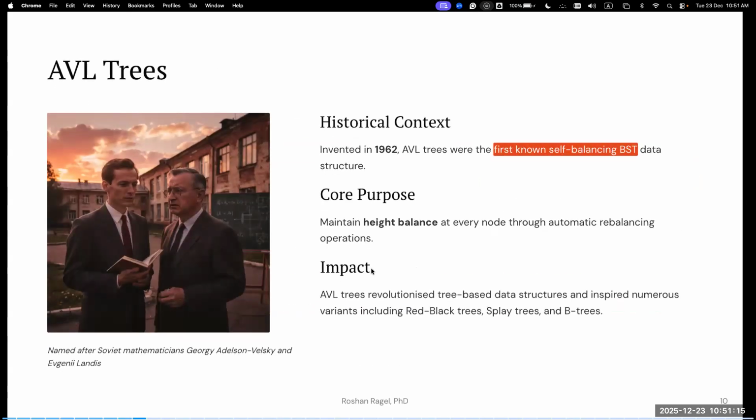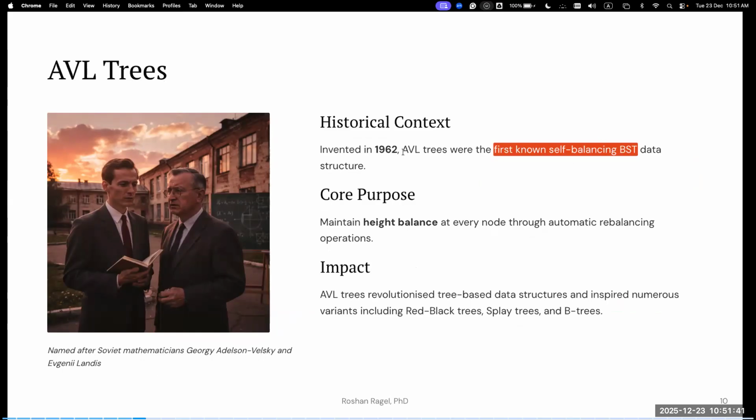Like I said, the AVL tree is named after some Russian people. It was the Soviet Union in those days. The A in AVL is for Adelson-Velsky, who is one person, and the other one is Landis.